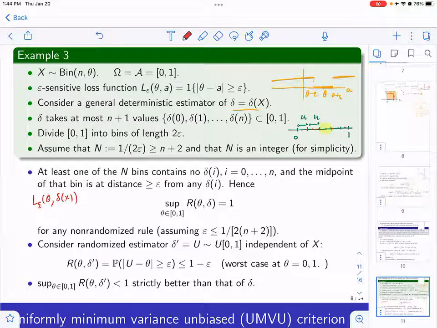So because one of the bins is empty, what we're looking at is the expectation of this, and I want to take the supremum of the max risk over 0 to 1.